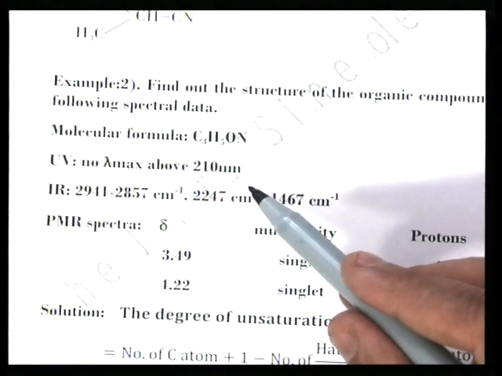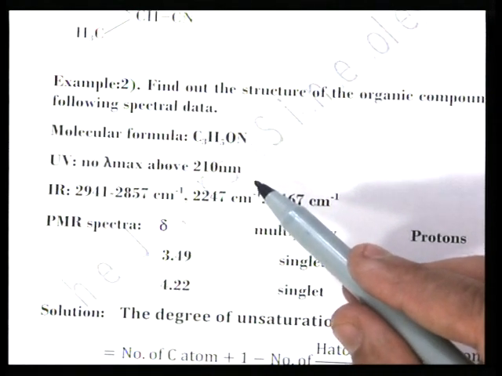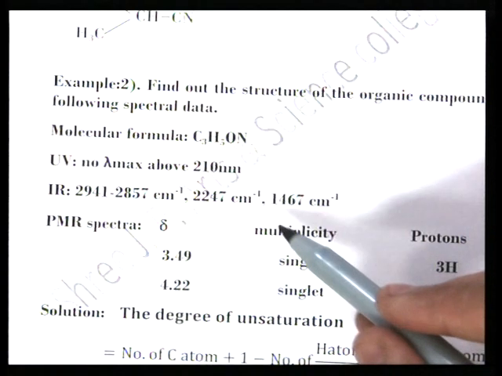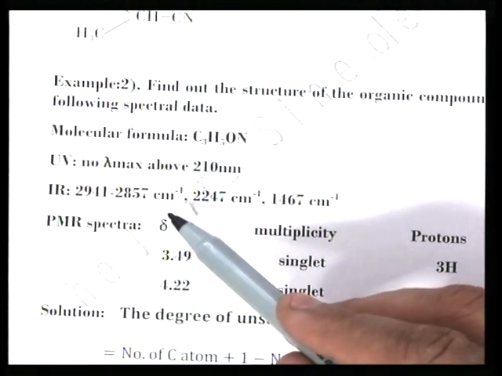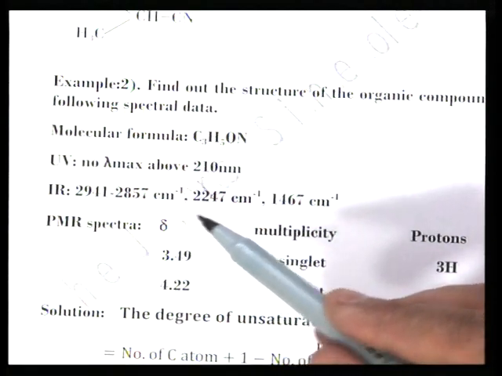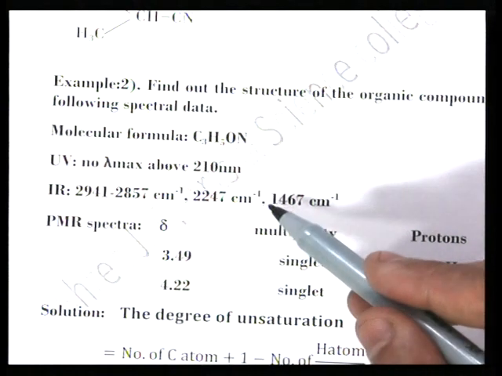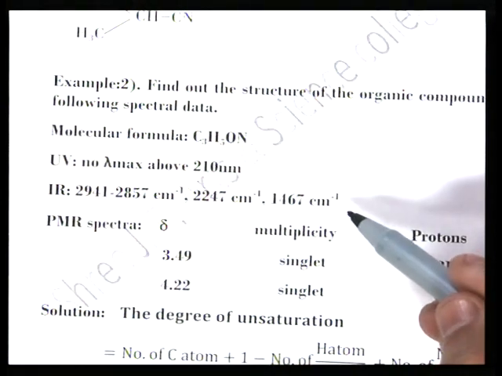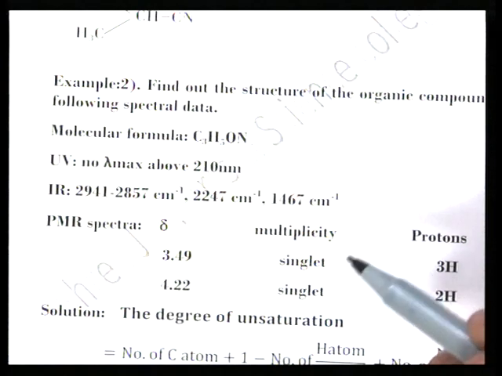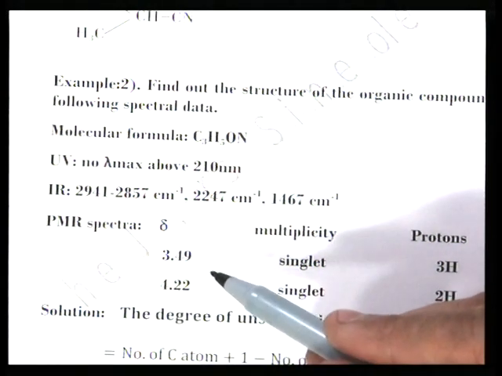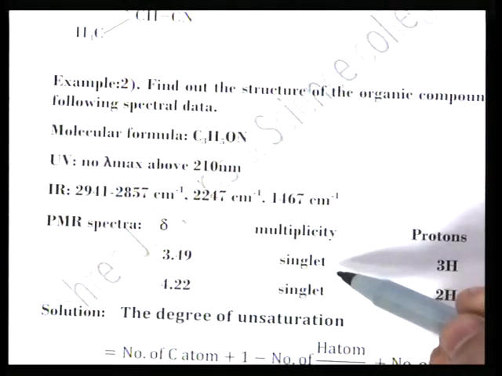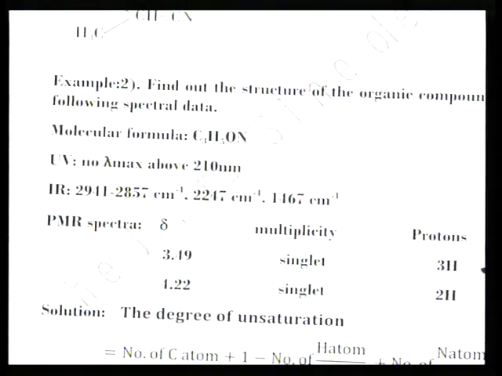UV data: no lambda max above 210 nanometers. IR absorption bands are observed at 2941 to 2857, 2247 and 1467 centimeter inverse, 3 bands. The PMR spectrum shows 2 signals, both singlets, with proton ratio 3:2.